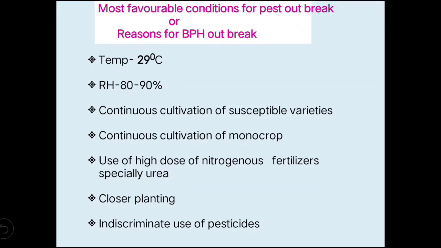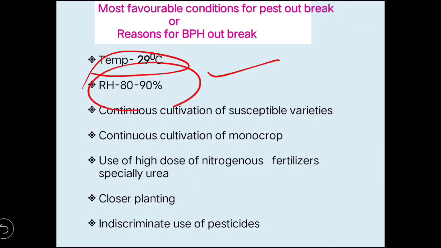Most favorable conditions for pest outbreak: why is the BPH outbreak occurring? Because BPH requires a temperature of 29 degrees Celsius and they are getting it in the rice field. RH of 80 to 90% they are getting from the rice field.